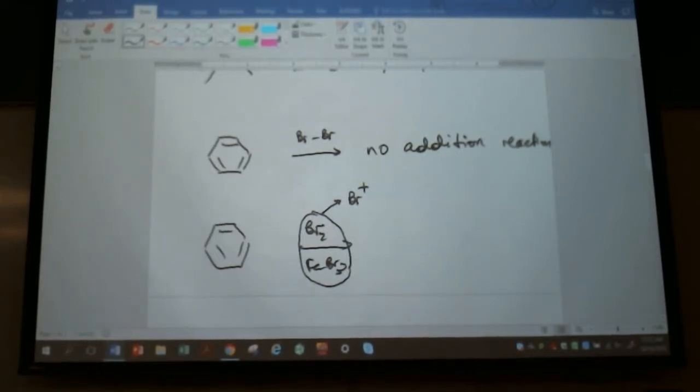But only when you add that Lewis acid catalyst to have these two react first and form a really, really reactive electrophile.